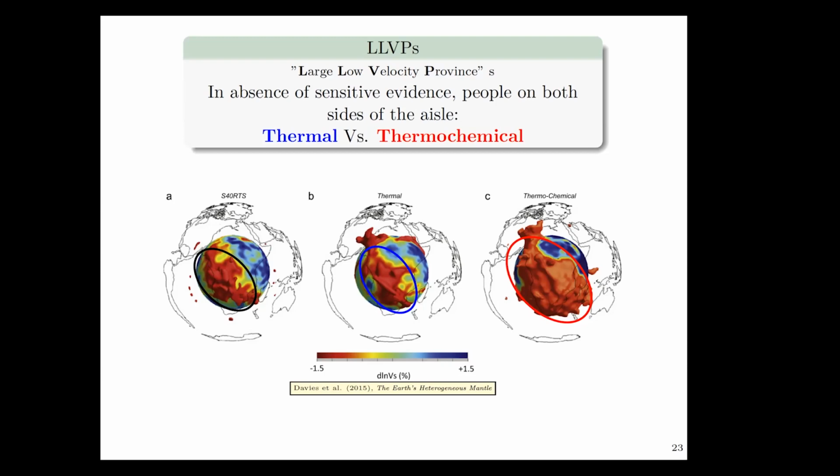This is what we're working on right now, trying to include thermochemical convection in the adjoints in our group. This is probably one of the paths that we're going to try in the future, to see if we can come up with the right dynamic topography reconstruction for Africa.